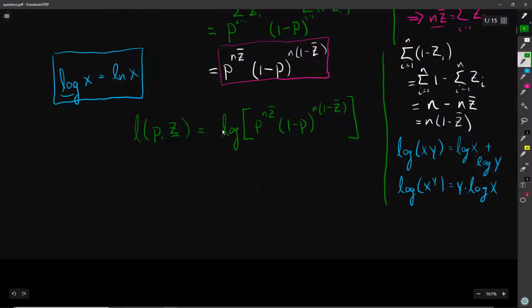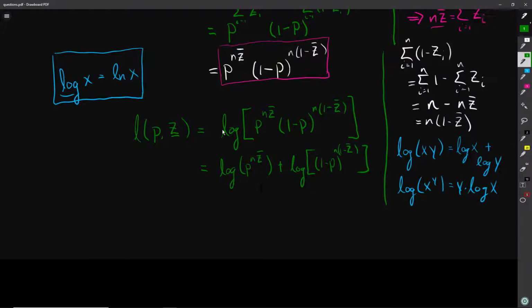Right? So using the first property here, we're going to get log p to the nz bar. These two are multiplying, so plus log of 1 minus p to the n times 1 minus z bar. And now we can use the second property here to pull the exponents out front.